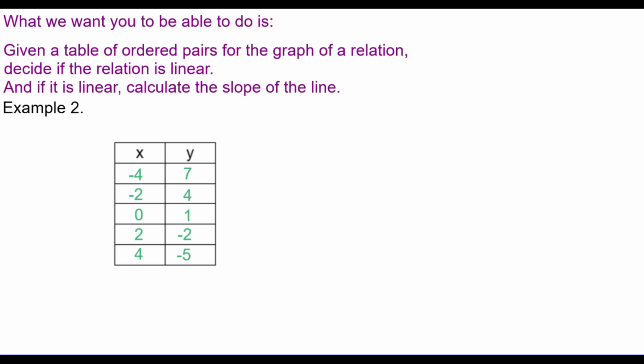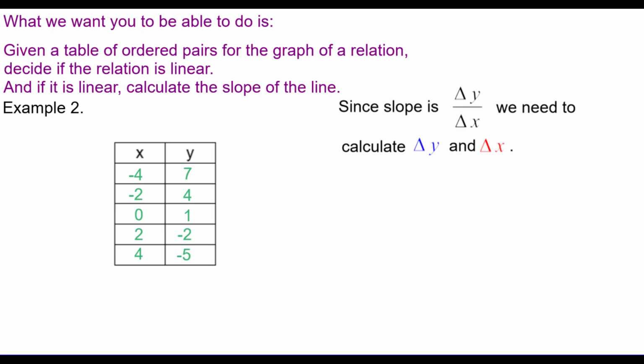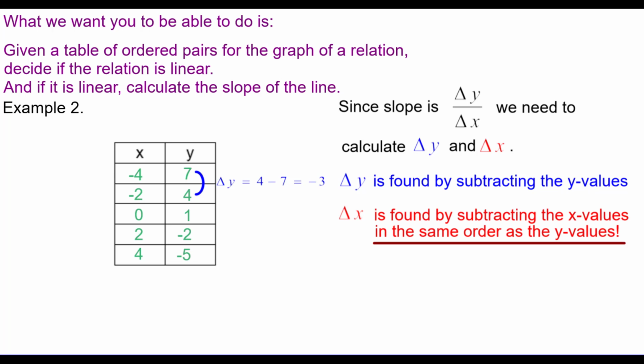Example 2. Again, slope is the change in y over change in x. We need to calculate both the change in y and the change in x. Change in y is found by subtracting the y values. So in this case, we'll do 4 minus 7, which is negative 3. The change in x is found by subtracting the x values in the same order.